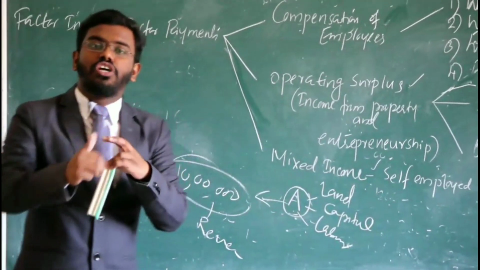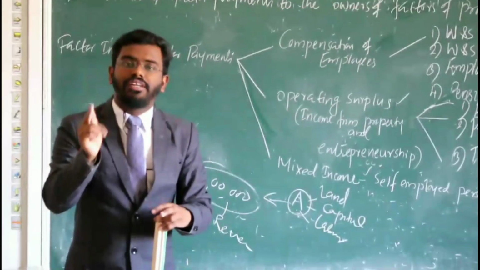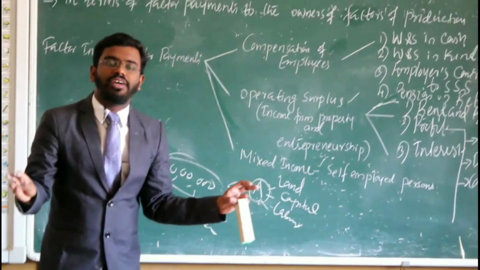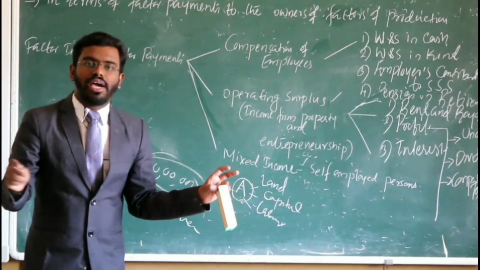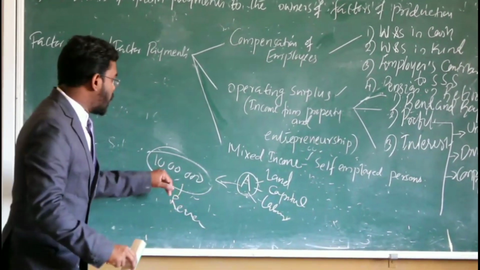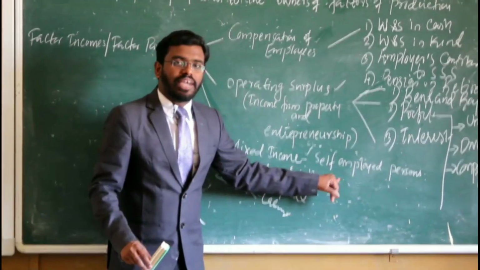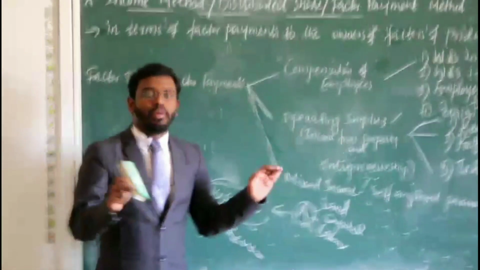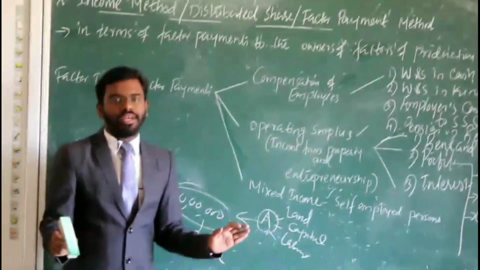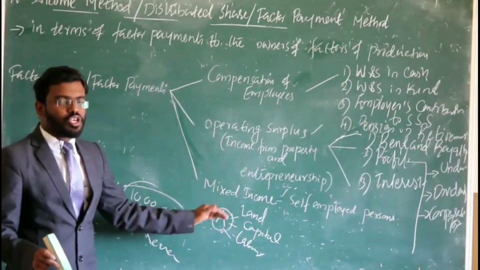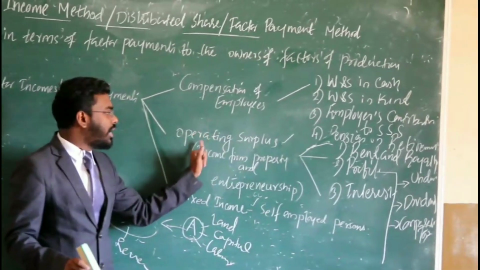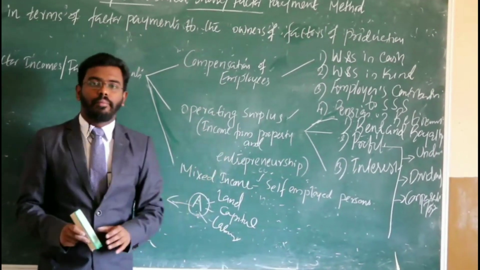It is a mixture of wages, interest, profit and rent. That's why this income is known as mixed income. So these are the three factor incomes: compensation of employee, operating surplus and mixed income.